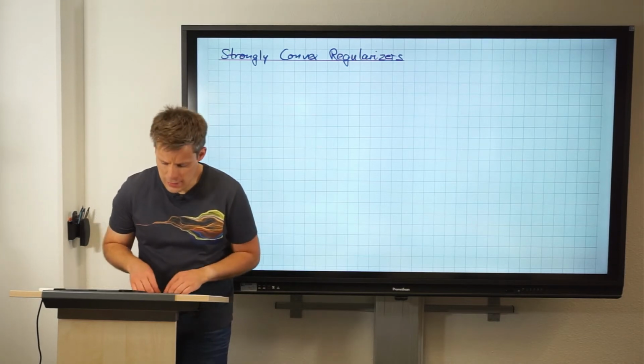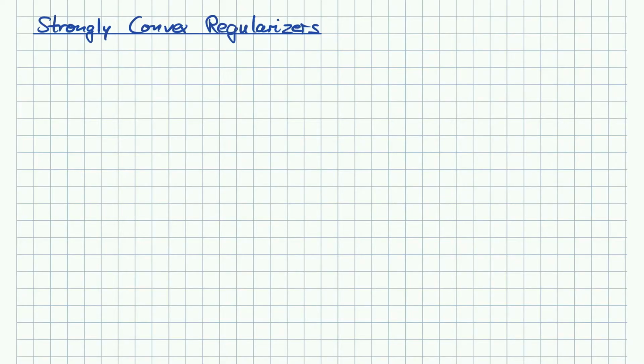How is this defined? Let sigma be a non-negative real.